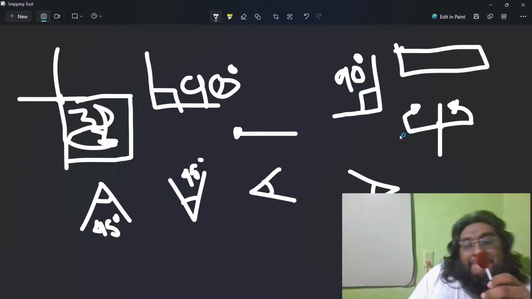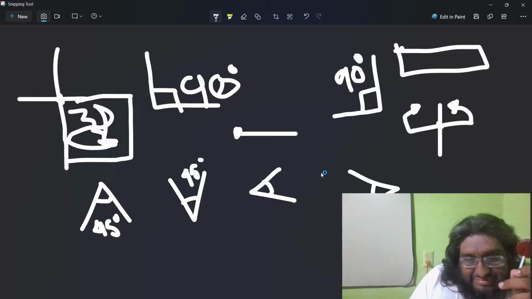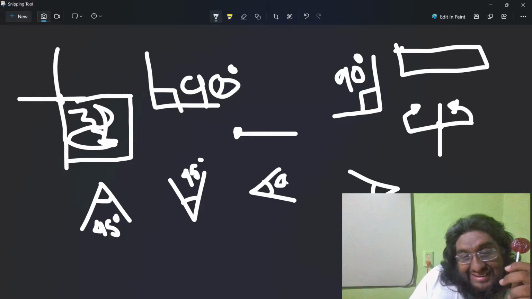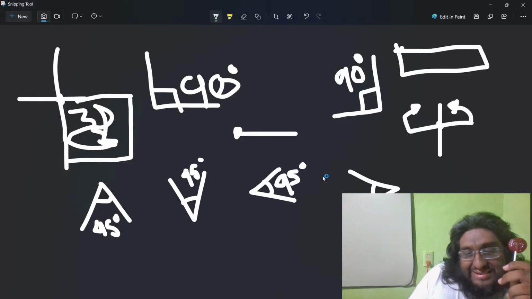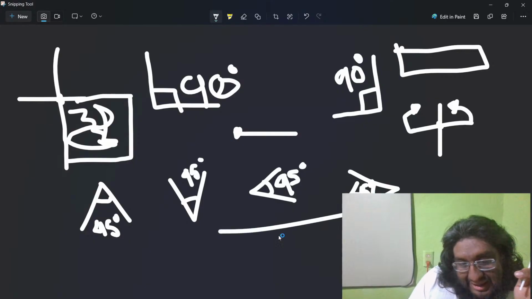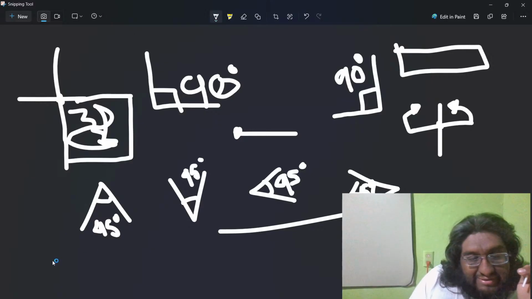And it can be done. But at some point, because these are valid angles, you will have to adhere to some axis in order to do your studies.